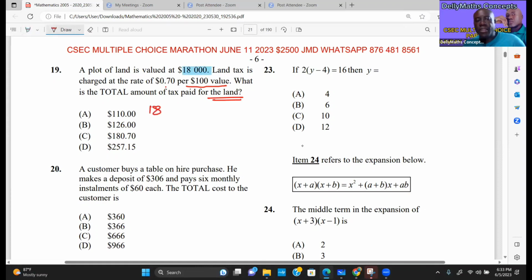So I'm going to have to divide this by 100. I need to know how many hundreds I have. So you're going to realize that you have 180 hundreds. But the idea is this: for every 100 is 70 cents. I need to multiply this by 0.7. Regular multiplication. 1260, 1 place a decimal, 126.